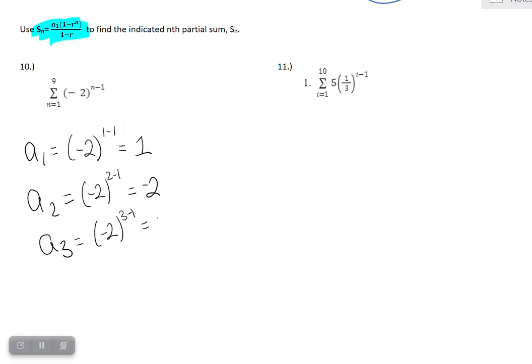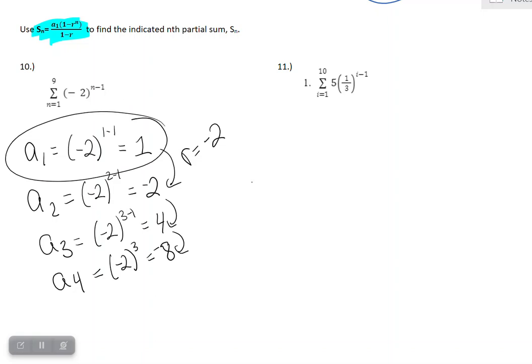So -2 to the second is 4. I'll do it one more time. We get to the 3rd power, which is -8. So if we think about what's happening each time, our ratio is -2. And I now calculated the first term.